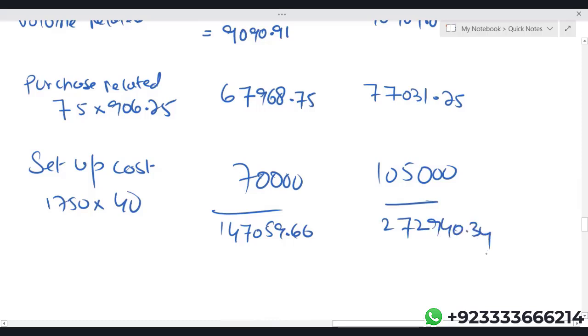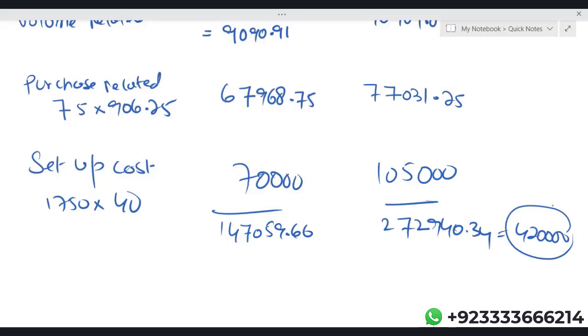If you add 2,72,940.34 plus 147,059.66, so definitely we are getting 4,20,000. And I've already discussed total overheads will not change. Either we are following absorption costing or marginal, but definitely per unit overhead will change.